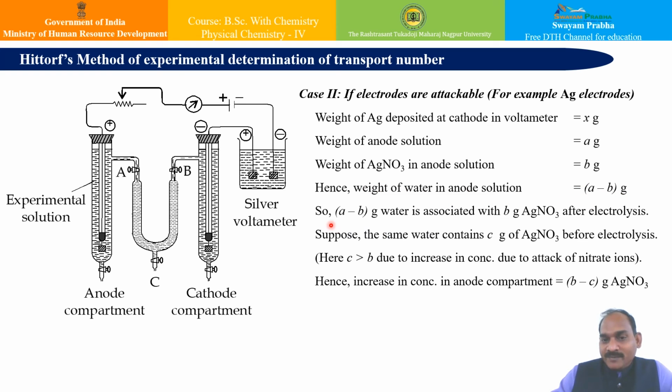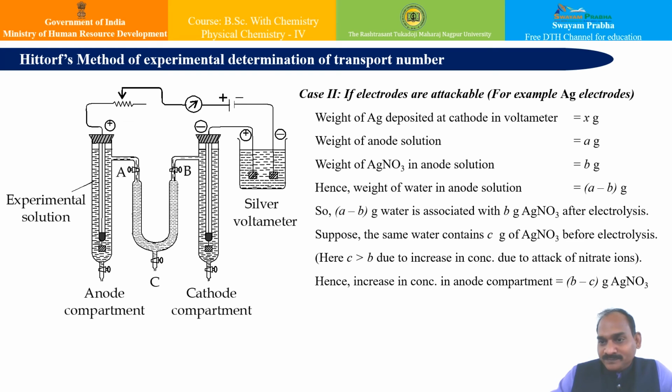Again the same principle: a minus b grams of water is associated with b grams of silver nitrate after electrolysis. Suppose the same water contains c grams of silver nitrate before electrolysis, and here b is greater than c due to the increase in concentration due to attack of nitrate ions, and therefore the increase in concentration in the anode compartment is nothing but b minus c grams of silver nitrate.